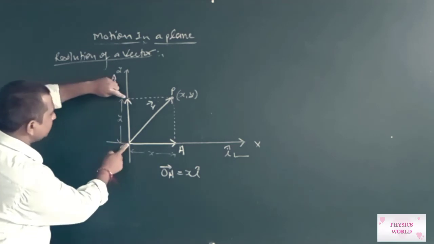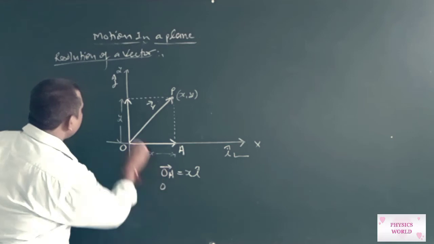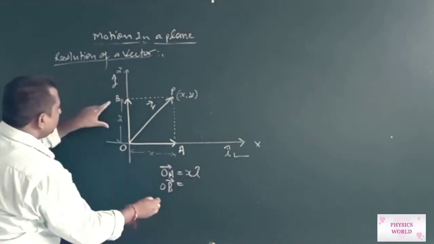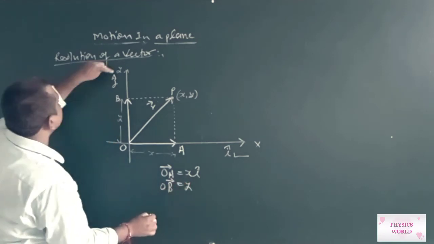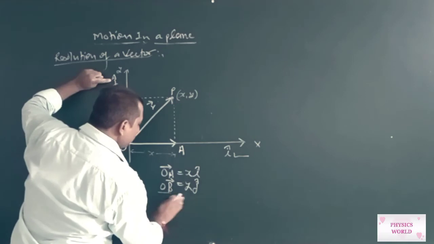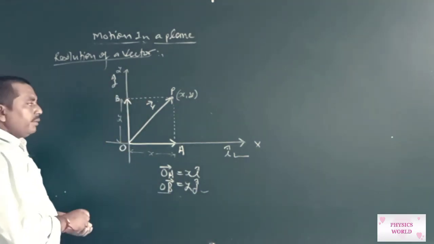And what will be the value of vector OY? Suppose that this point is B. The length of vector OB is y and its direction is j, so vector OB will be equal to y j cap.